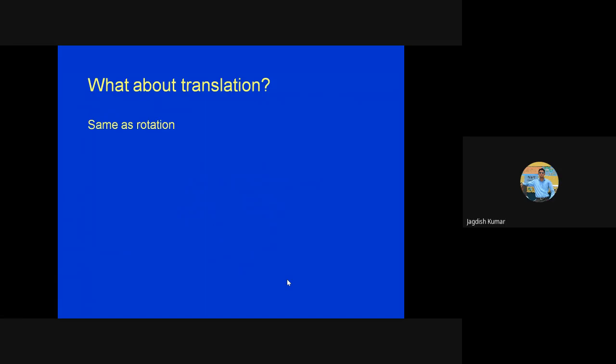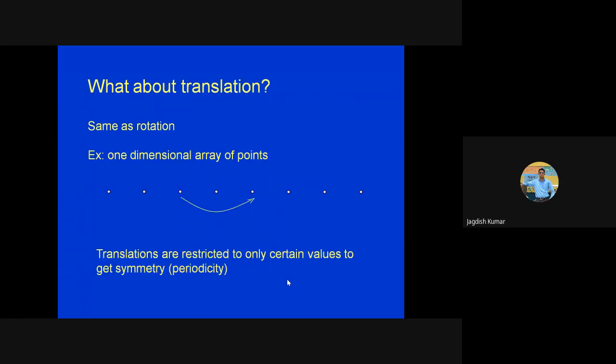Now let us talk about translational symmetry. Translation can be seen in a similar way as we have seen for rotation. Let us talk of the case of a one-dimensional array of points. As of now, I'm not talking directly about crystals, meaning I'm not mentioning what atoms are there in the crystal, what is lattice, what is basis.